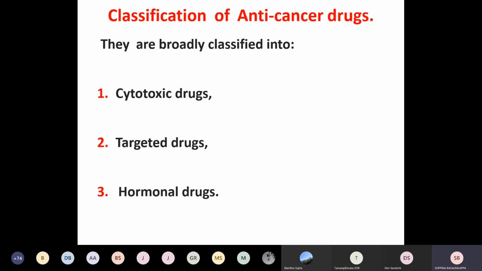And number three, or third group, hormonal drugs. Because some of these tumors or cancers are hormone dependent. For example, carcinoma breast, carcinoma ovary, carcinoma uterus, carcinoma testis, prostate, etc. They are hormone dependent tumors.